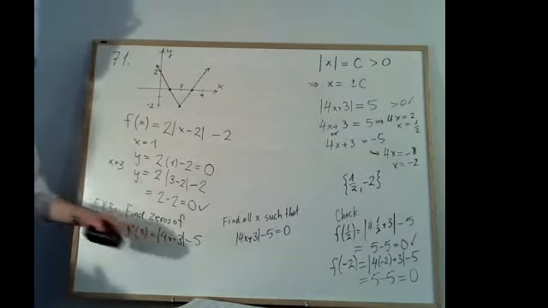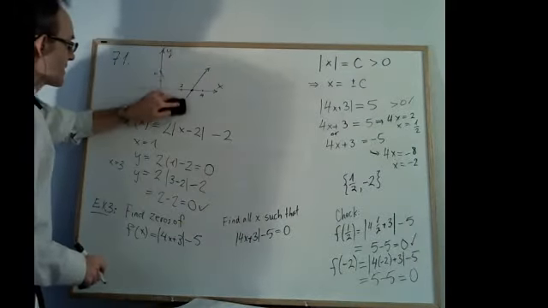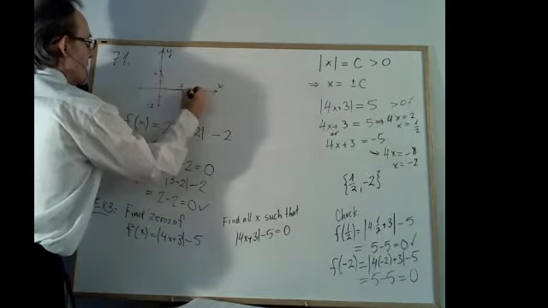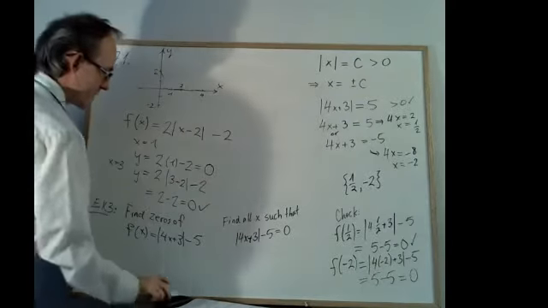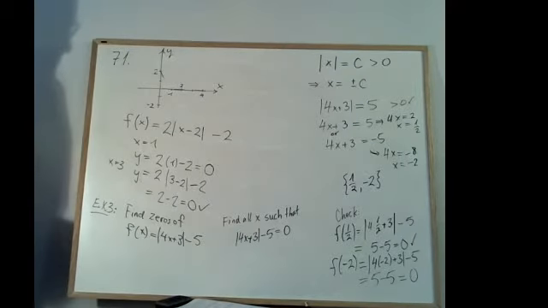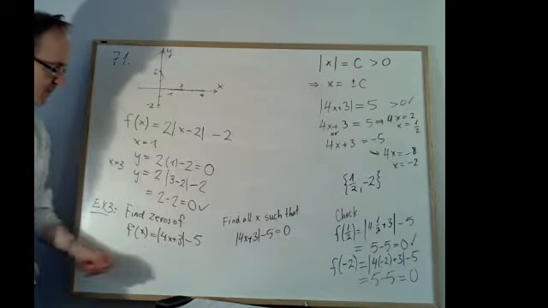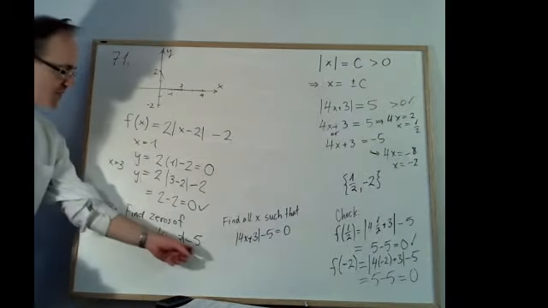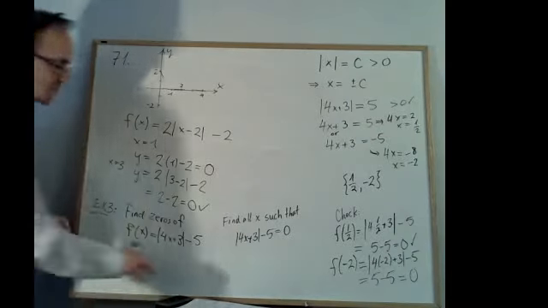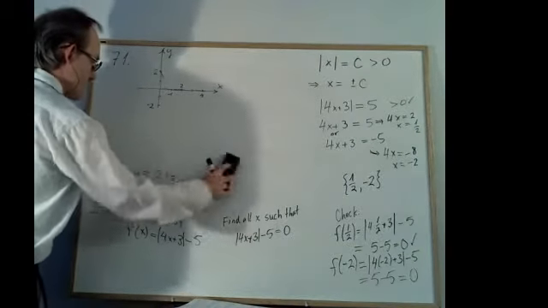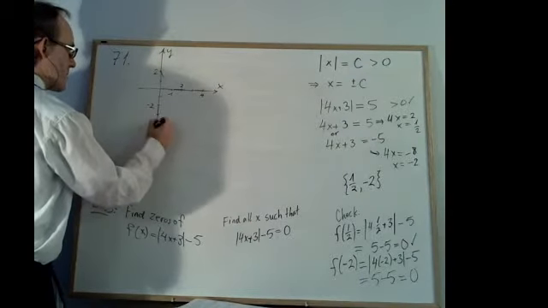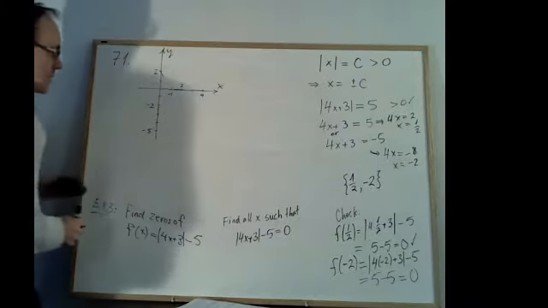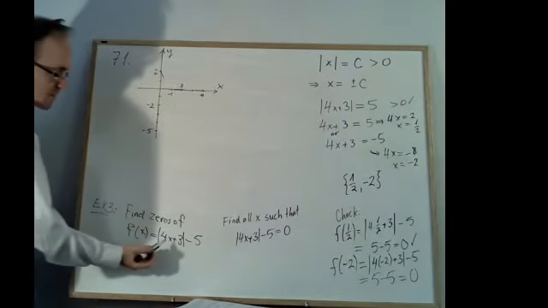Okay. So let's sketch this. What does that look like? Let's look at the inside here. The overall function will be shifted down by 5. The vertex will be where?